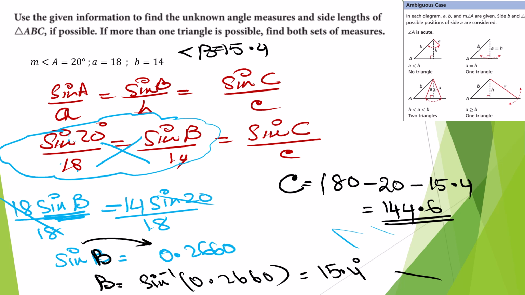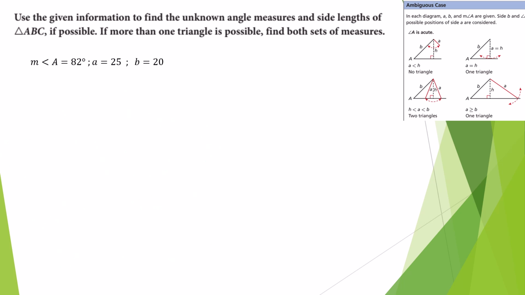But if h is in between, so what was our h? H was smallest. Okay. So over here, angle A is acute, 82 degrees. A and B measurements are given. So the first thing is that we have to solve for height.